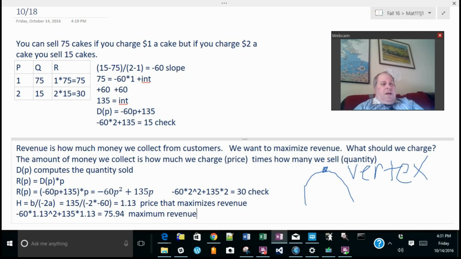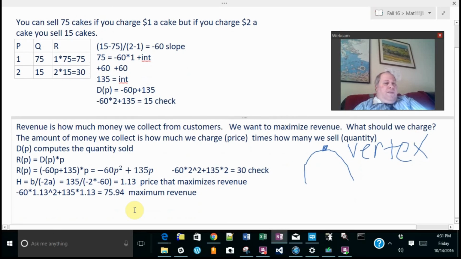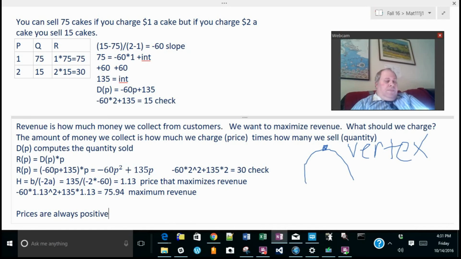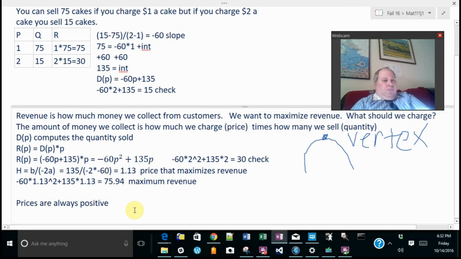Okay? So remember, prices are always positive. Very important. Prices are always positive. And if you get a negative price, you've screwed up somewhere.